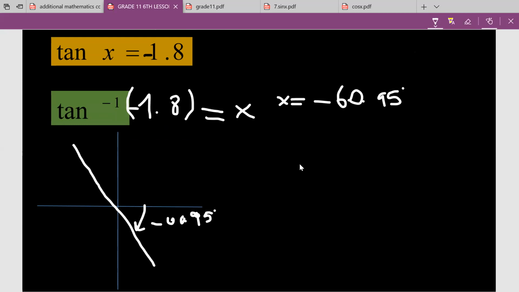But as I told you, we will find positive values. To find positive values, I will add 180 degrees.